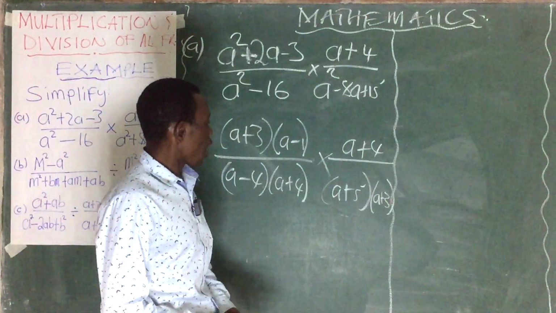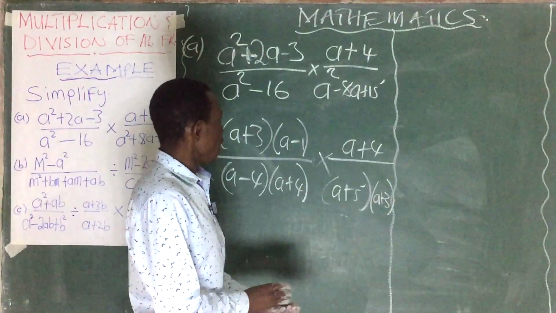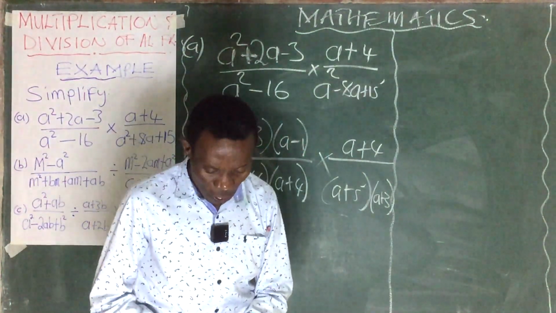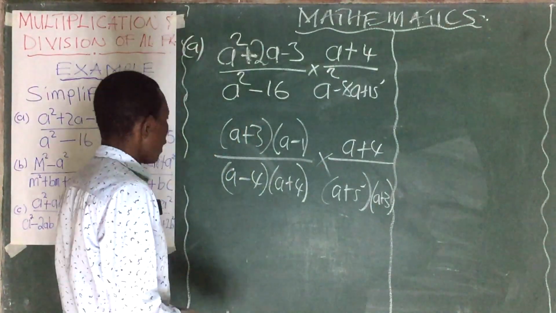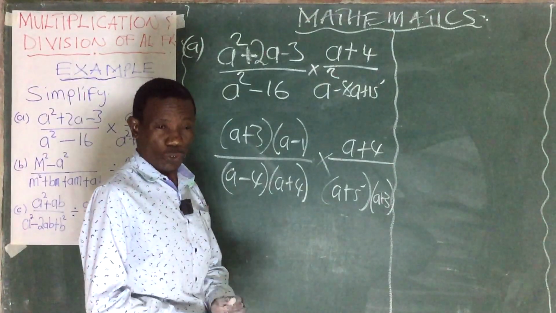They'll give us this one here. When you multiply this by this one, it will give us a squared minus 8a, then plus 15 as such.